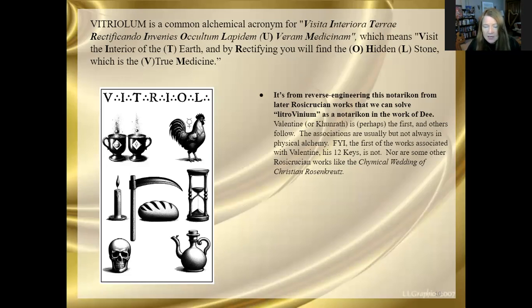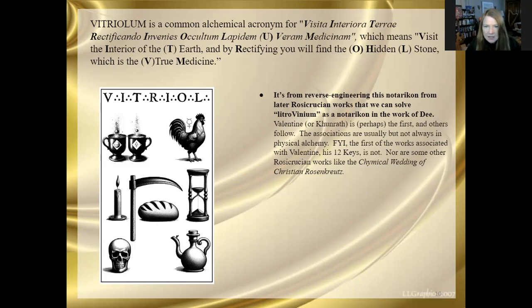But the point here is that it is from reverse engineering this acronym, a notarikon, that we're able to solve Vitrovinium in the work of Dee. It's not from any cleverness of my own that I can refer to Agnes Klein. There is some immense cleverness that she figured it out, but she wouldn't have been able to figure it out except that it existed after Dee's time and you reverse engineer it back to Dee.